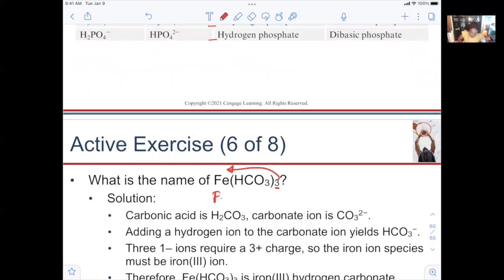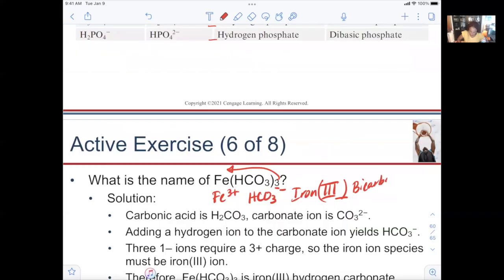So this is going to be iron 3 plus, and then you have this. Go to your list. This is called bicarbonate. So iron 3, I have to use the parentheses because this is ionic B, metal. Let me write properly.